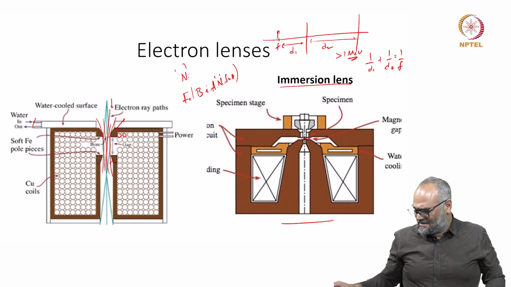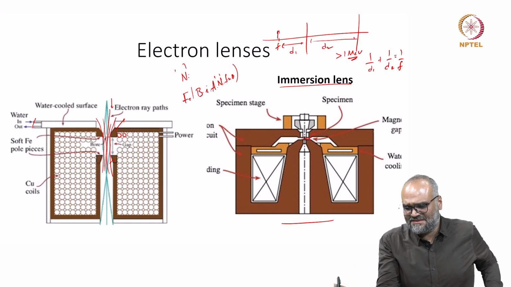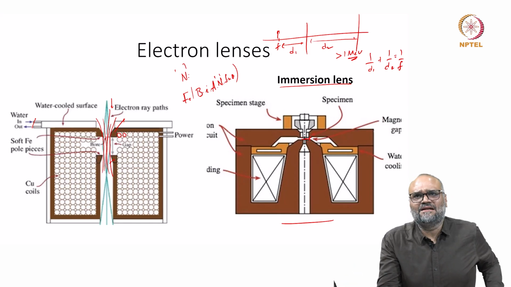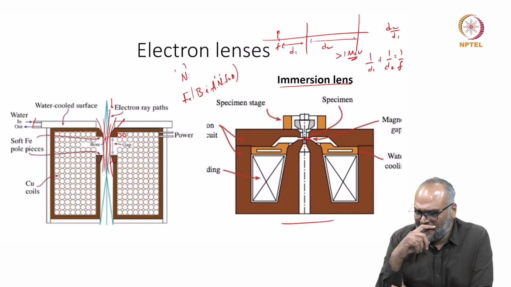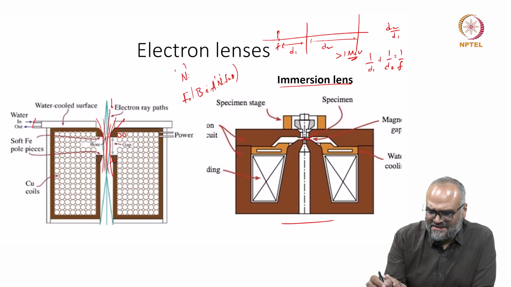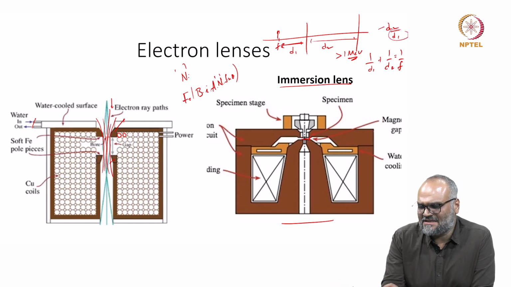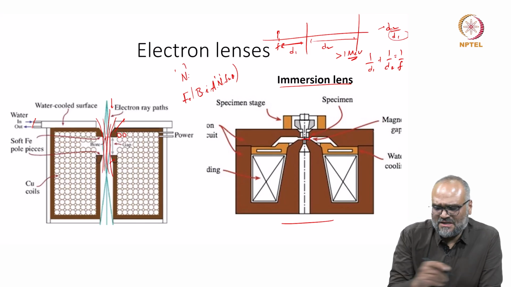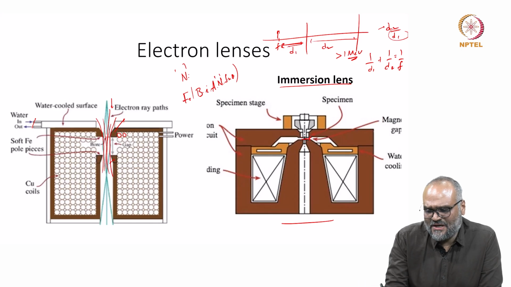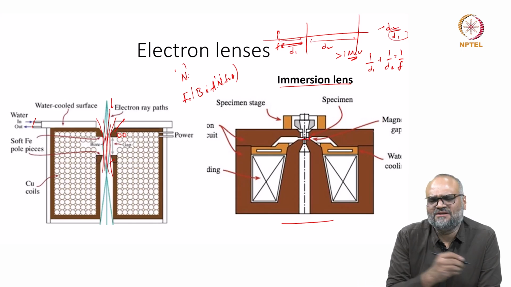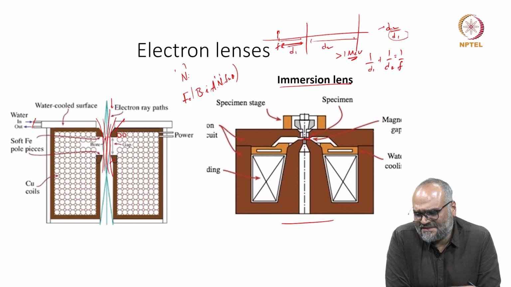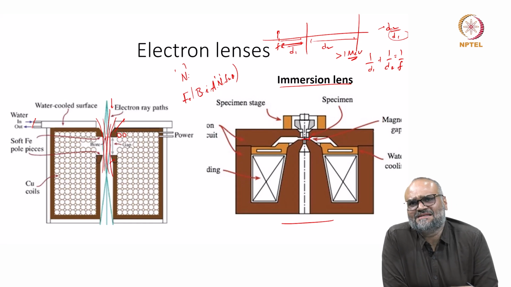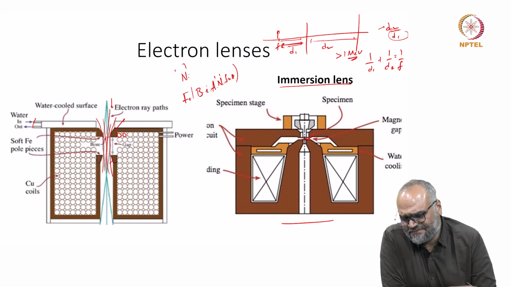So, if you look at it, the magnification, in other words, can also be written as d2 over d1, and the idea is if I bring this d1 as low as possible, I can achieve as high magnifications as possible. And in the optical microscopes, you have something called the working distance, where you are bringing the object as close as possible to the objective lens to achieve as high magnifications and in turn as high resolutions as possible in an optical microscope.